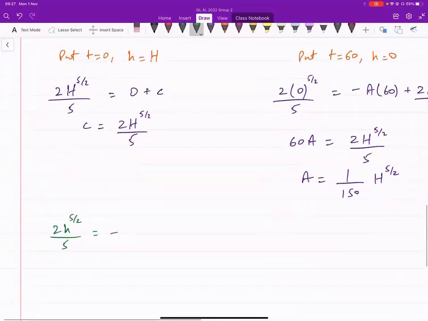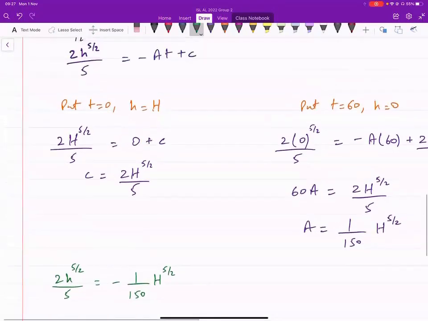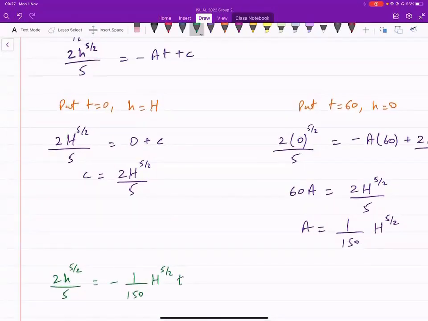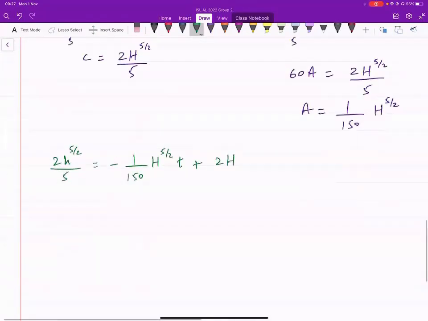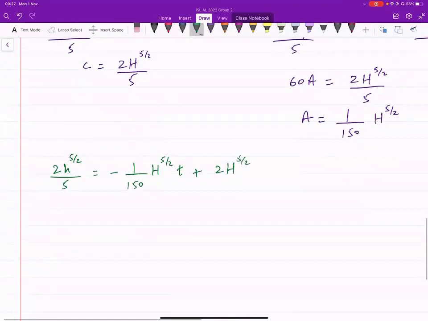So that's minus 1 over 150 capital H raised to power 5 over 2 times T plus C, and C is 2H raised to power 5 over 2 divided by 5.